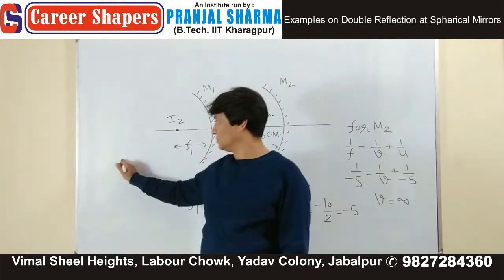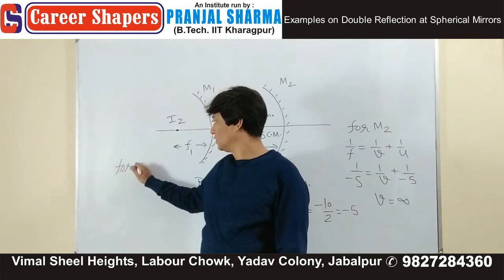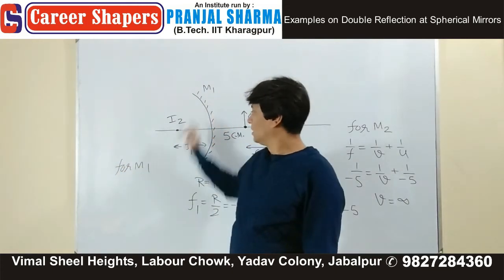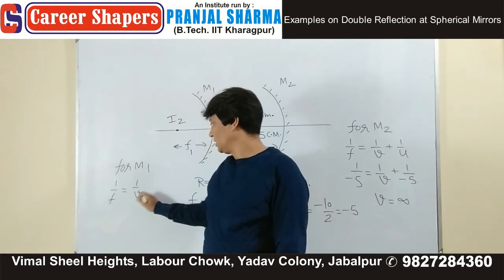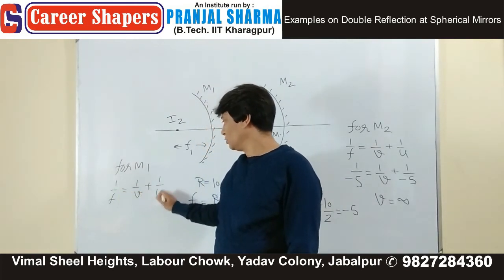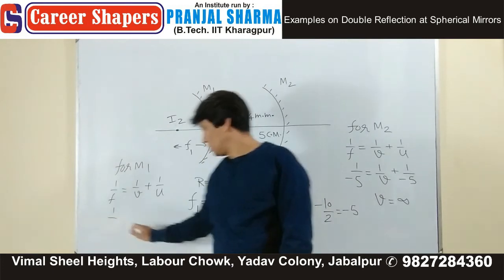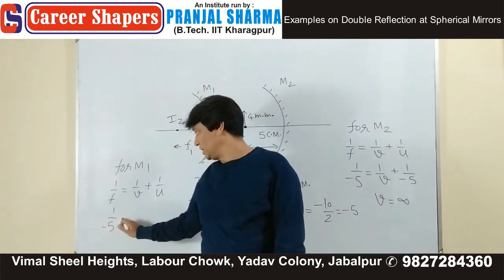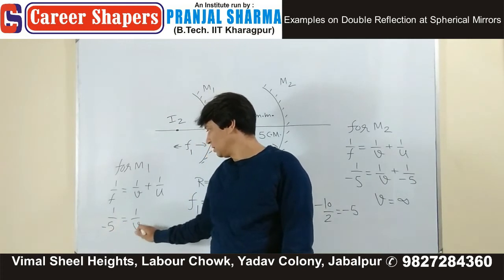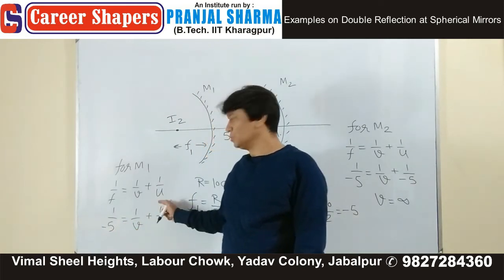For M1, 1 upon F equals 1 upon V plus 1 upon U. 1 upon F is -5. We need V. What is U?